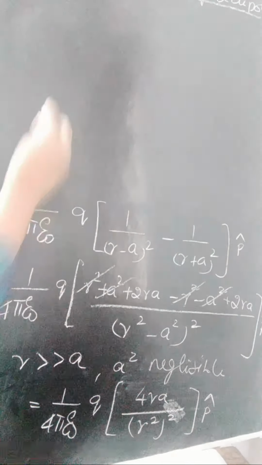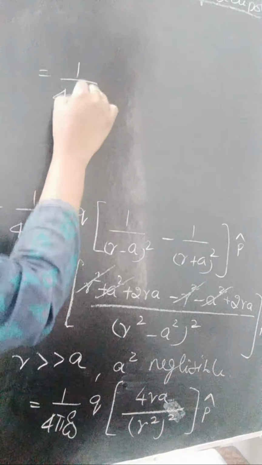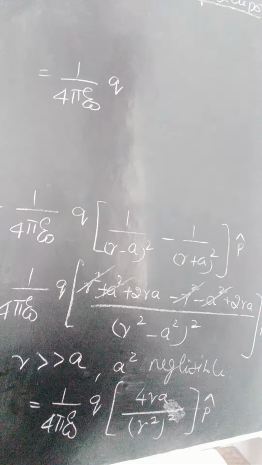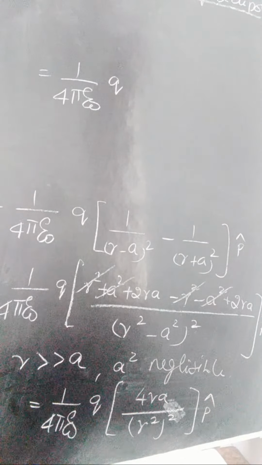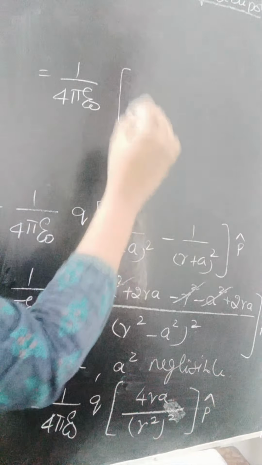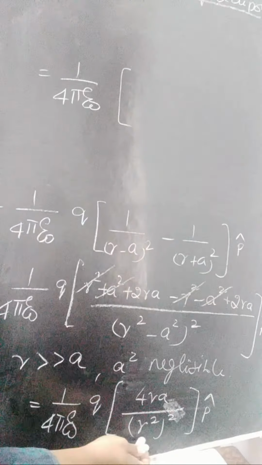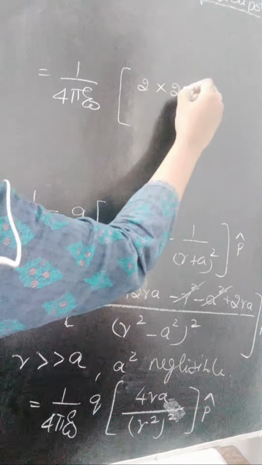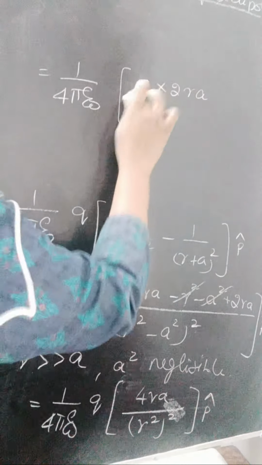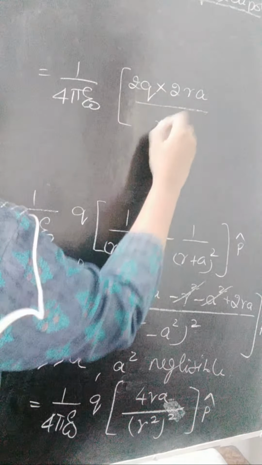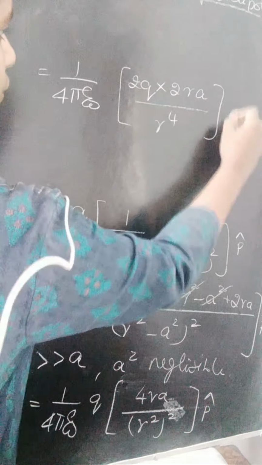So what happens next? 1 by 4 pi epsilon naught q, over r power 4. One r will get cancelled, so you get r cube. Clear? And this q I am taking inside the bracket now. Shall I write it? 2 into 2RA, 2q into... I take the q inside. 2q into 2RA divided by r power 4 into p cap.